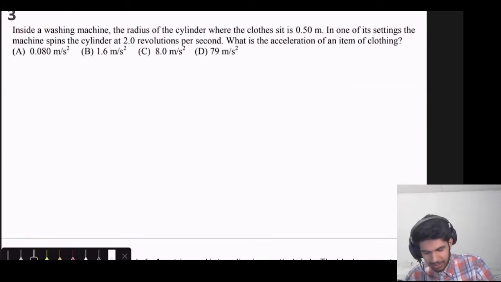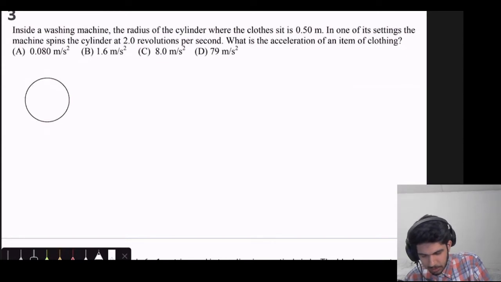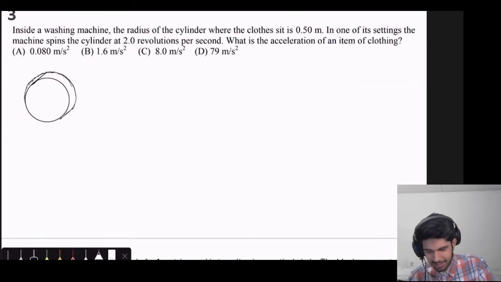Okay, so as always, I'm going to create a wonderful work of art to demonstrate what's going on here. So we have like the cylinder here. That's not a very good cylinder. I should probably extend it this way or something. I can't draw very well. That doesn't look like a cylinder at all now. I messed it up.